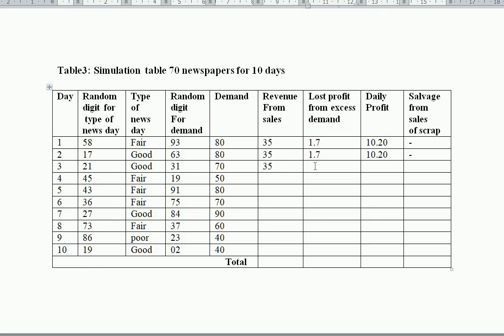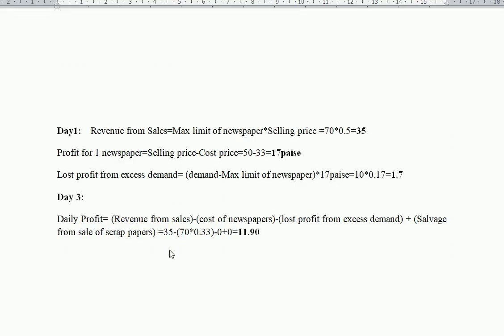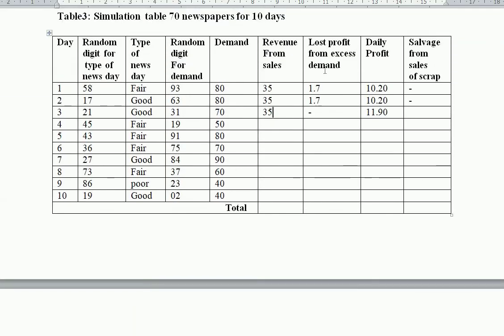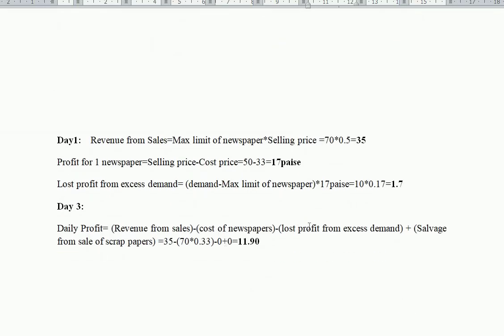There is no excess demand here, because they purchased 70 papers and the demand is 70, so the lost profit is 0.